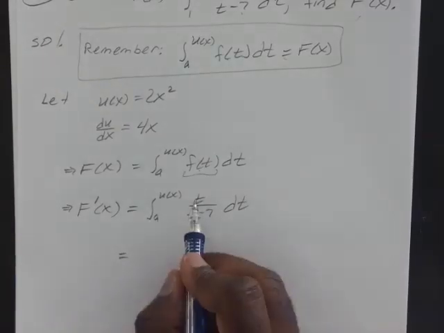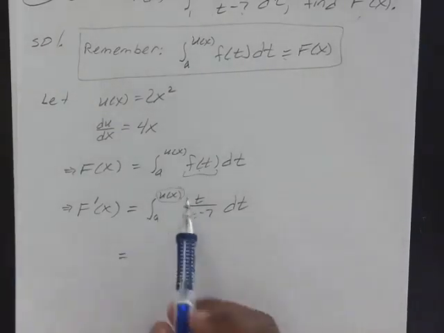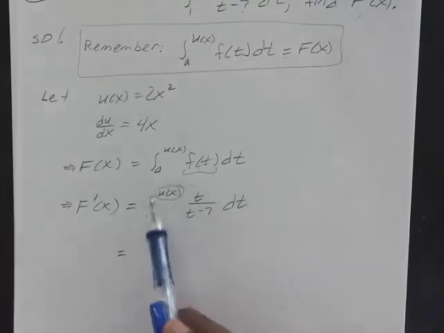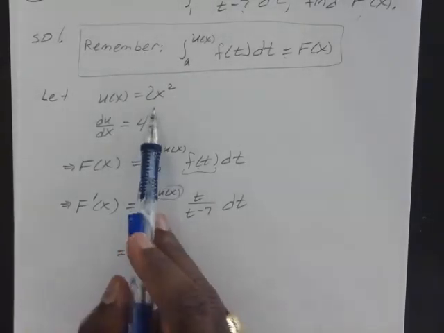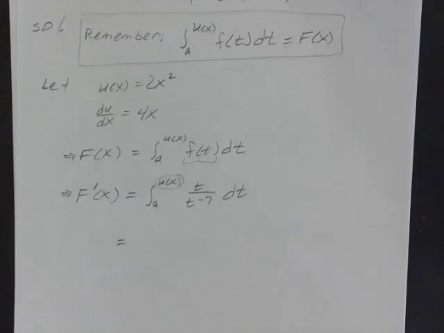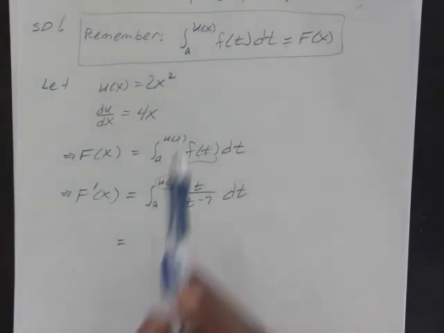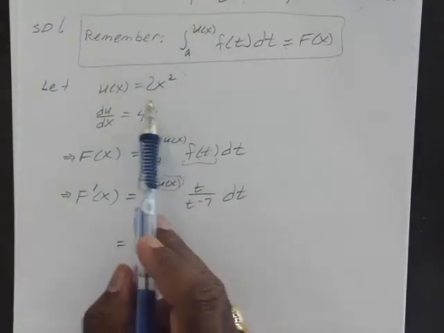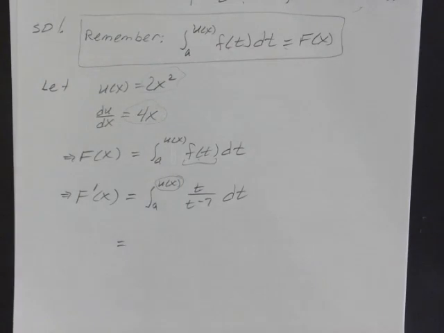Okay. With this one, you're going to take your u of x, and I'm just using a blanket u of x instead of actually plugging it in. Because this way you can kind of use this process no matter what your u of x is. We're going to replace every t with u of x.